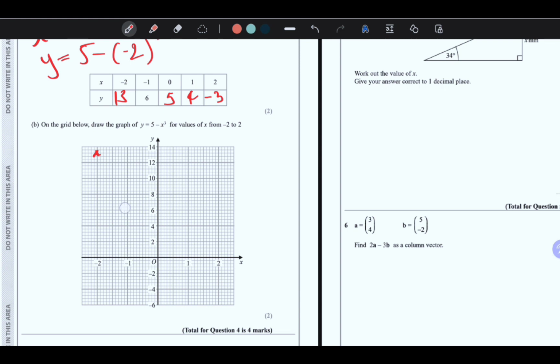You have 0 matching to 5. So that's in the middle. 1 matching to 4. So over here. 2 matching to -3. In the middle again, and I'm going to link all the points together. And there we have our sketch.